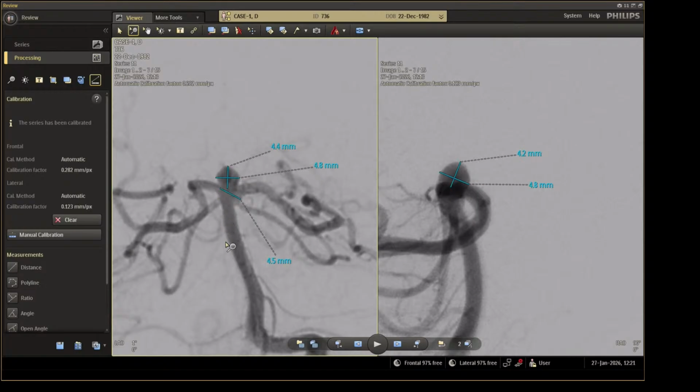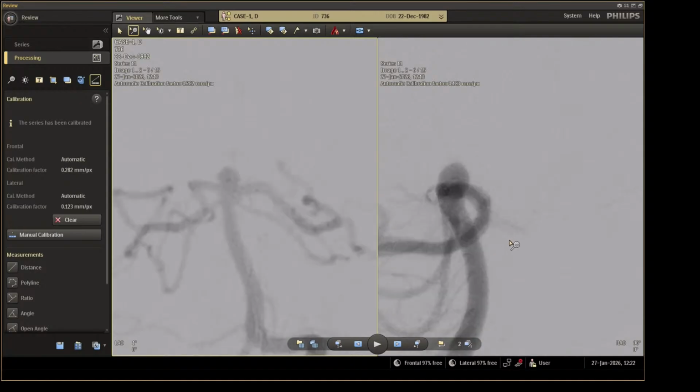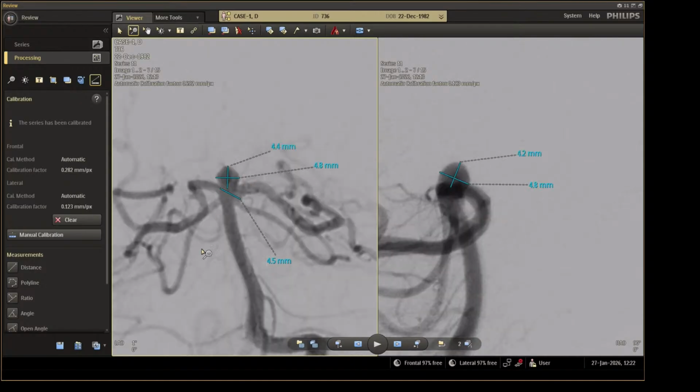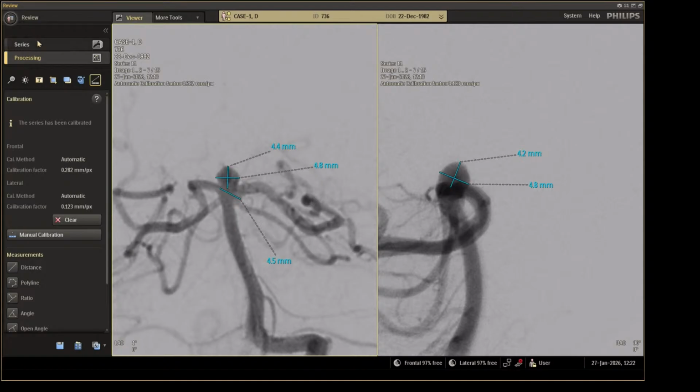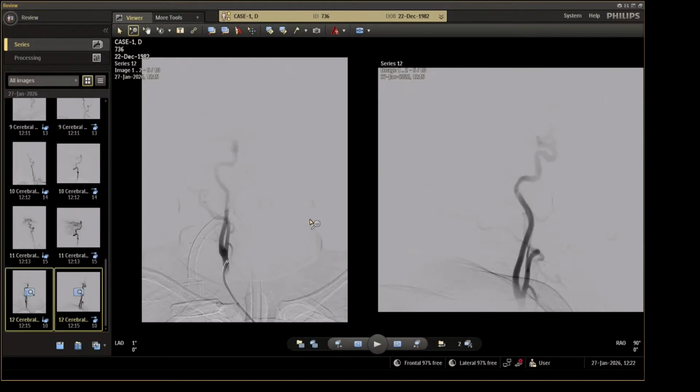But if I place the stent, the patient has good PCOMs on the right and left, so one of these arteries may need a stent. Maybe needed, maybe not.